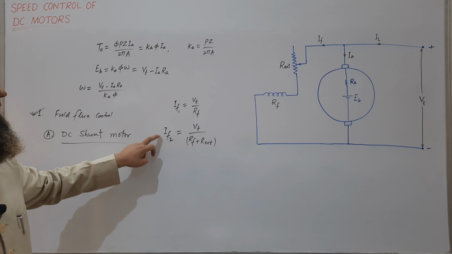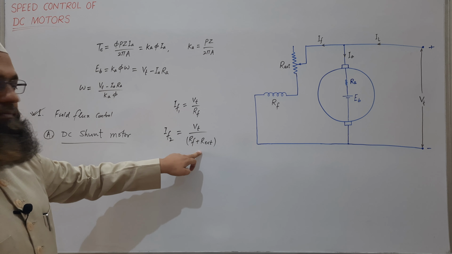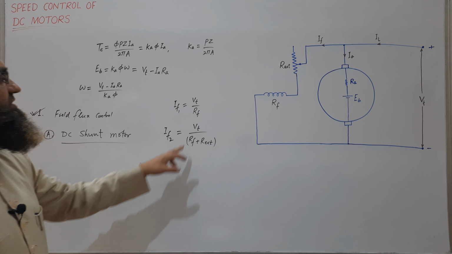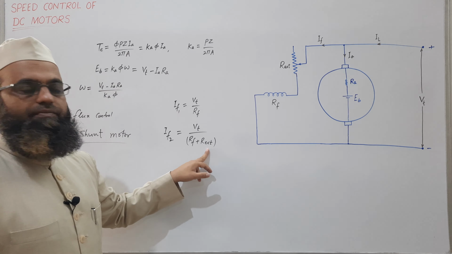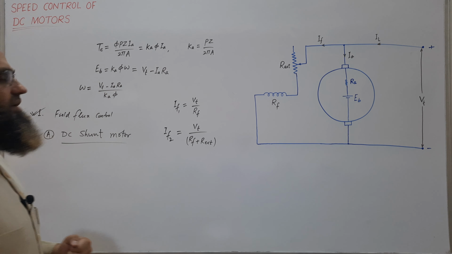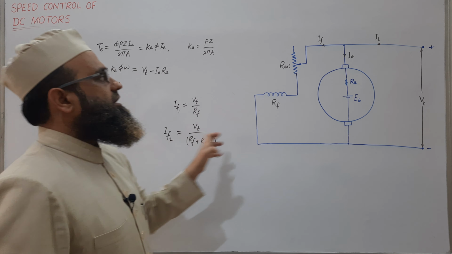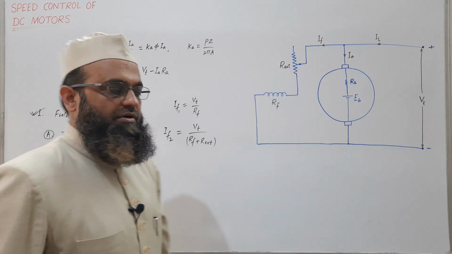Obviously, field current IF2 will be lesser than IF1 as we have increased its denominator. So IF will be decreased, hence corresponding phi created by this IF will be decreased.